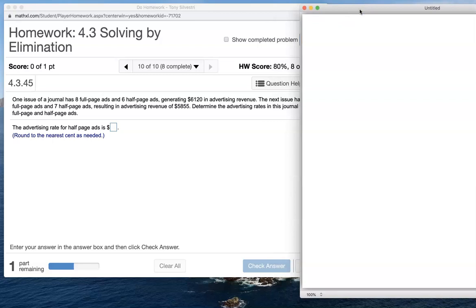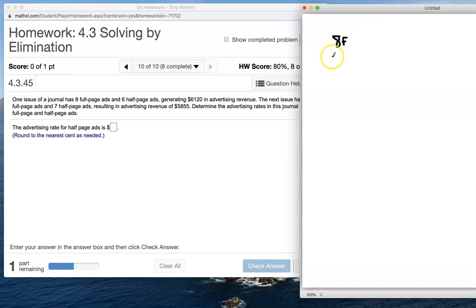So here we have a journal that has 8 full-page ads and 6 half-page ads generating $61.20. So you've got this magazine. They advertise that you can have a full-page ad and a half-page ad. And apparently this person went all out and had 8 full-page ads in this magazine.